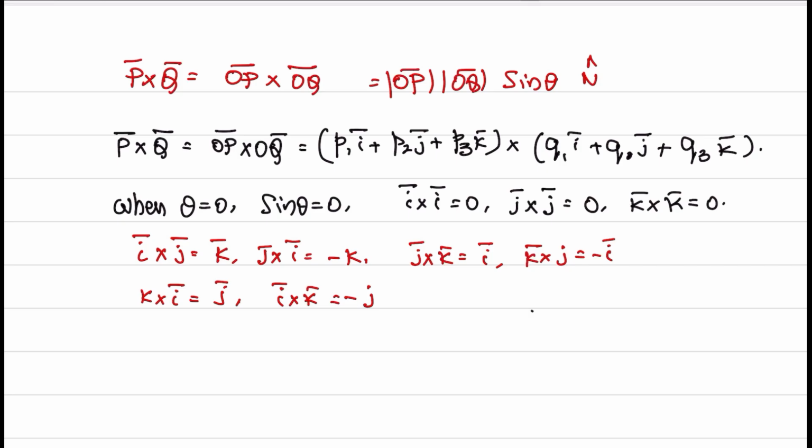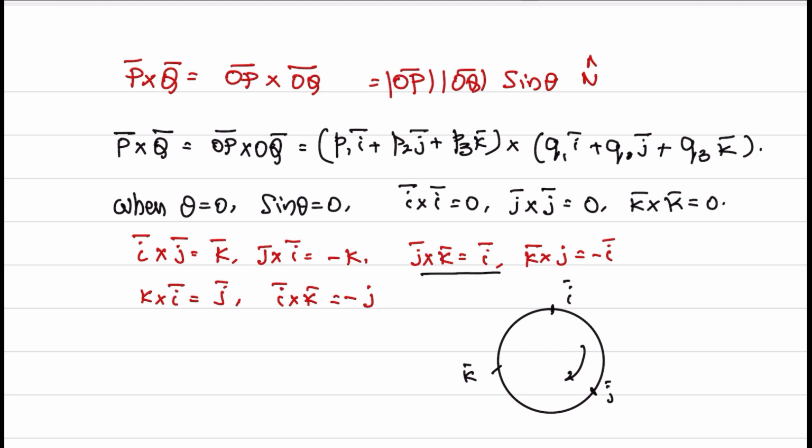Please draw a circle. In this, let me say it is i, let me say it is j, and let me say it is k. When I follow the pattern of clockwise movement, i into j is positive. If the direction is reversed, then it will become negative. j into k is equal to i.